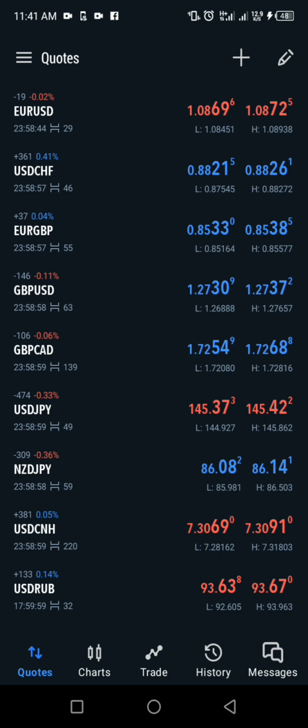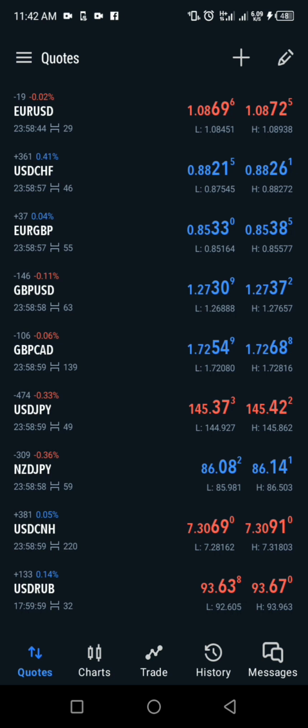Now let's look at the euro USD for example. I told you guys the first currency in the pair is always known as the base currency, and the second is known as what? The quote currency. Now euro USD, euro is the base currency, USD is the quote currency.